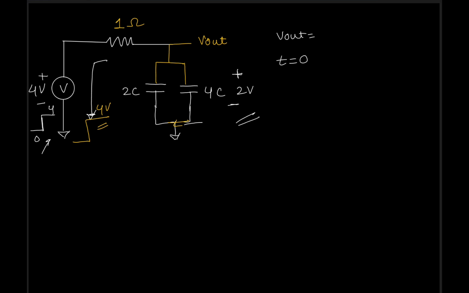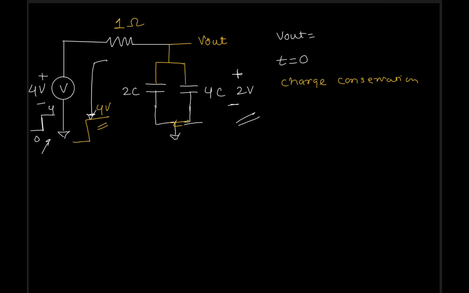There is no connection; these two plates are physically shorted. So we can apply the charge conservation theorem here. I think the spelling is correct; if it is not, please forgive me.